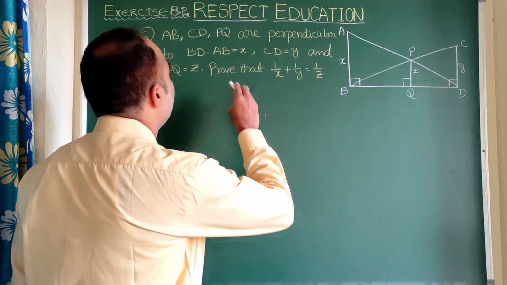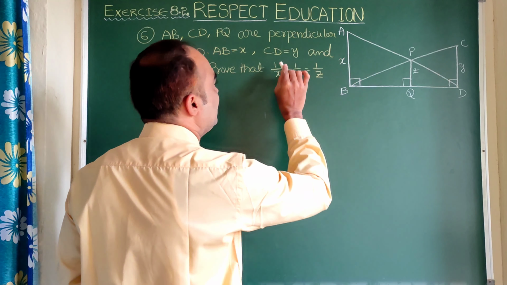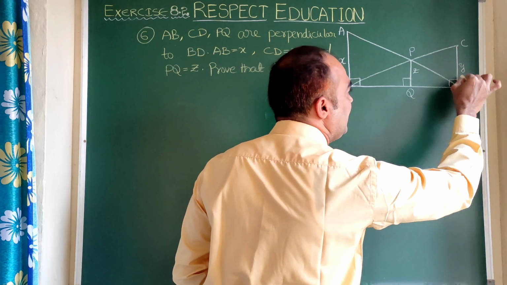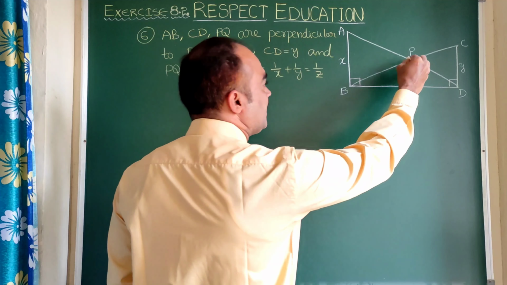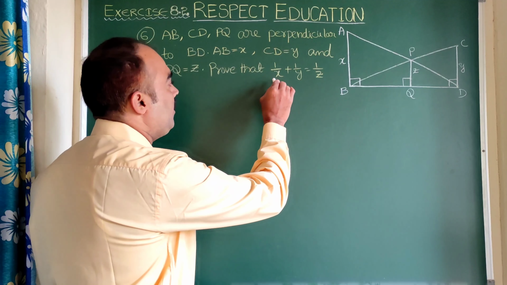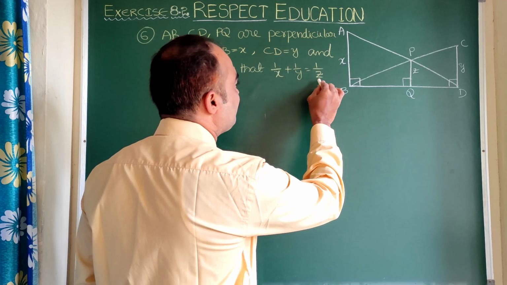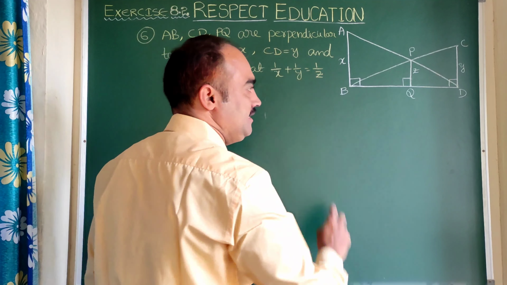AB is equal to X, CD is equal to Y, and PQ is equal to Z. Prove that 1 by X plus 1 by Y is equal to 1 by Z.